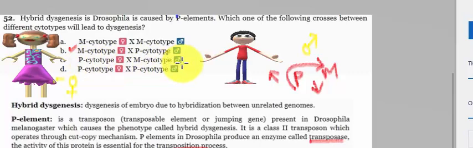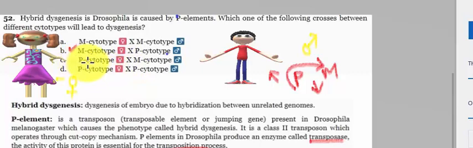So you just need to remember two crosses. One is when the P strain is present in the male and the M strain is present in the female, which leads to hybrid dysgenesis and the phenotype completely changes.